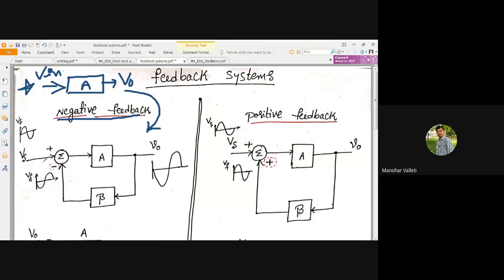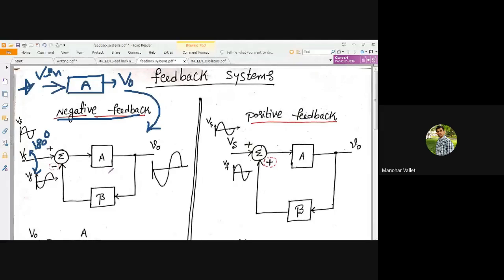And how do we say that a negative feedback is there? If the applied input and feedback signal have 180 degrees phase shift, then I can say that the circuit is employing negative feedback.